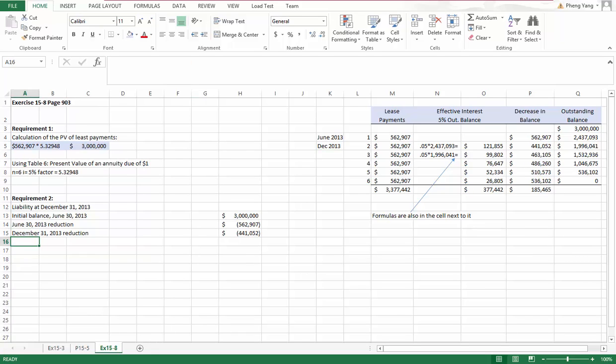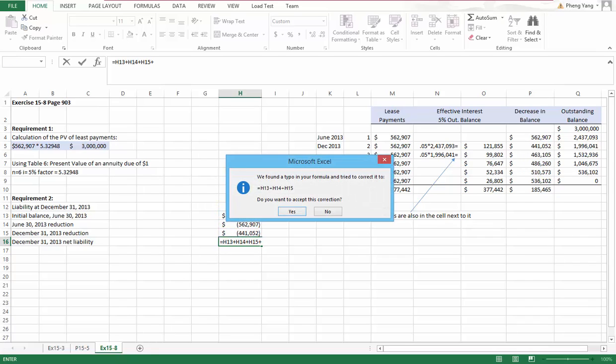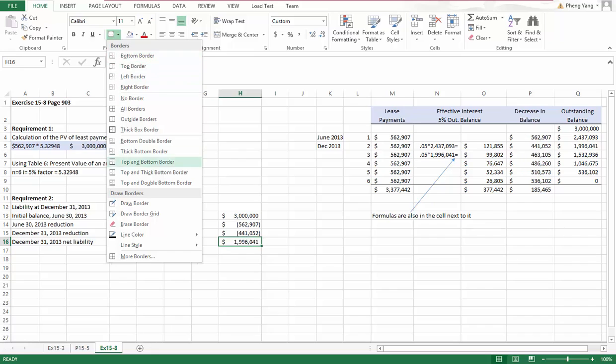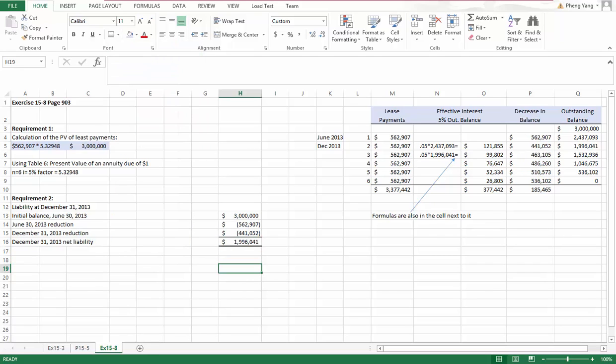All right, so that makes my December 31st, 2013 net liability actually $1,996,004, or 1.996 million. Okay, that's my liability.